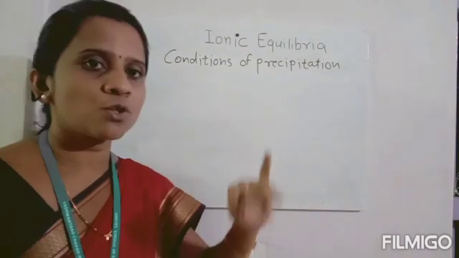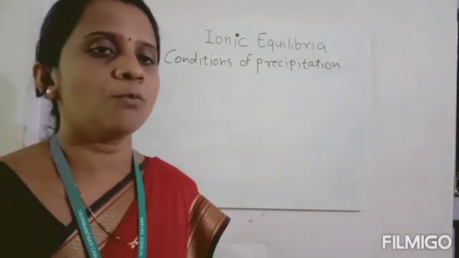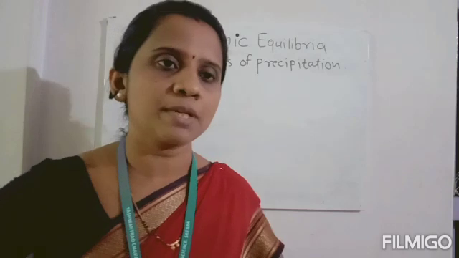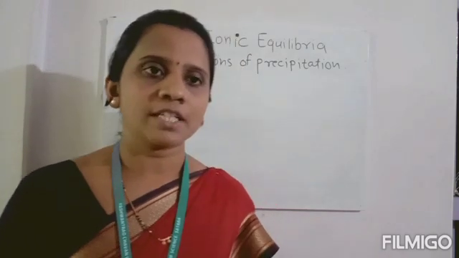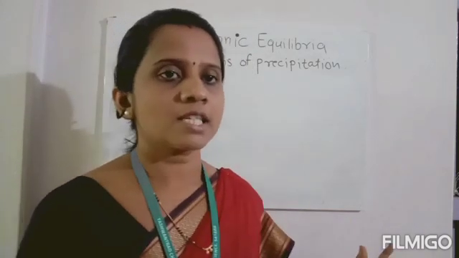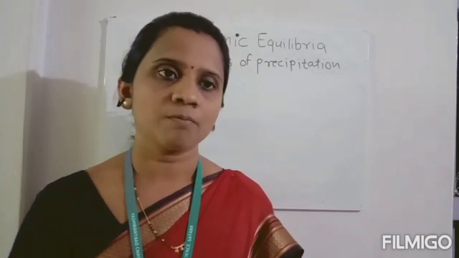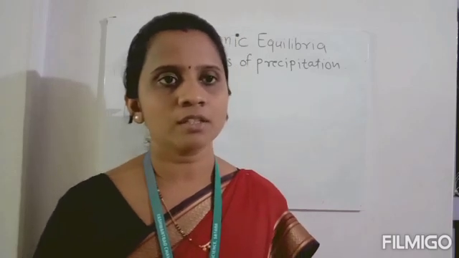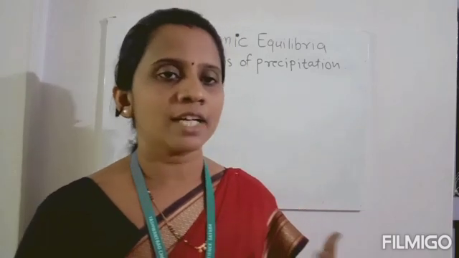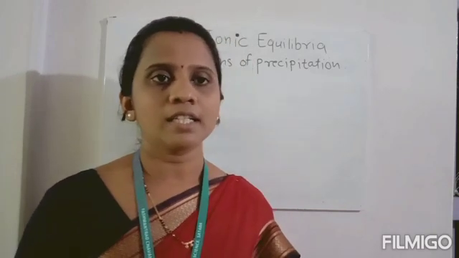For these conditions of precipitation, that means when the solution will get precipitated, at the starting we have studied ionic product, and in this case for solubility equilibria we are considering solubility product. So what is the difference between the two, ionic and solubility product? For ionic product we are taking concentrations, but these concentrations are at any conditions.